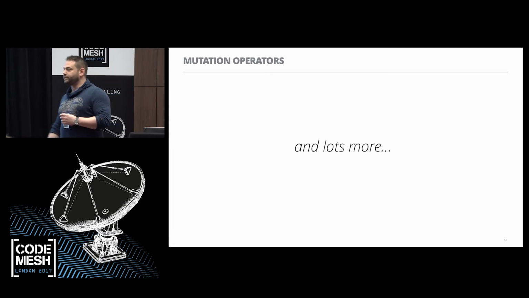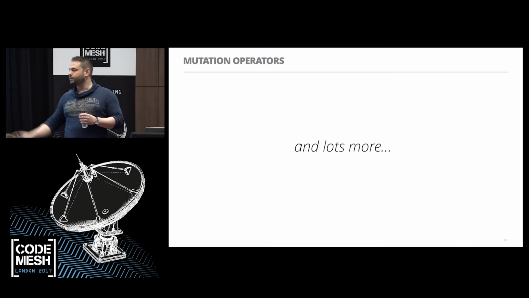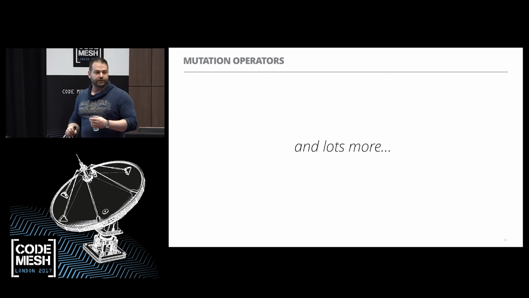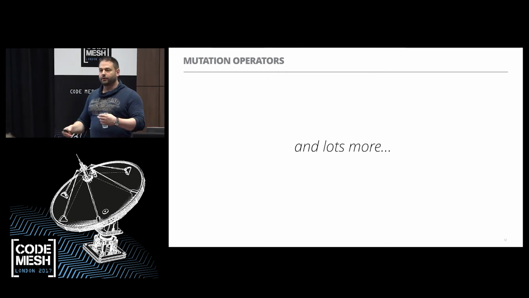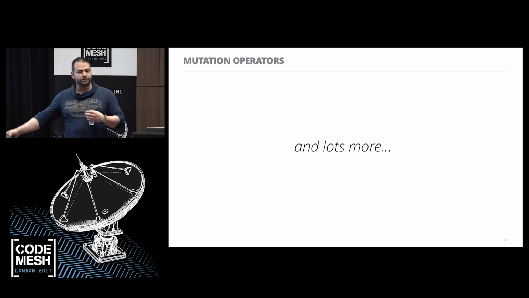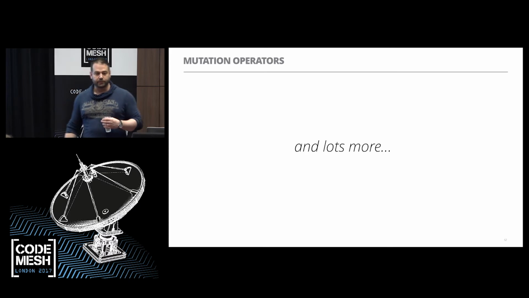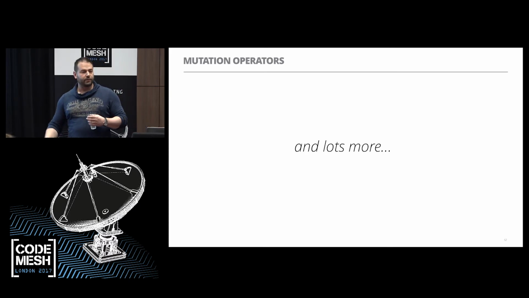You can imagine how these things would look. Important thing to note here is that these things I just showed are complexifying operators. Most of these have an inverse, which are simplifying operators, because the algorithm that we'll see in a bit will prefer smaller networks over larger networks to prevent network bloat, right? So it will optimize for pruning as well.